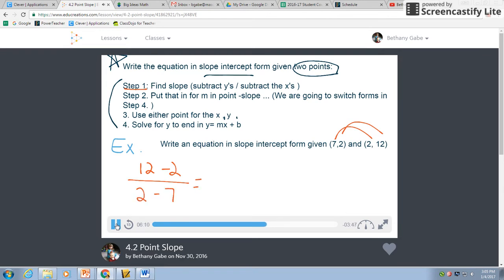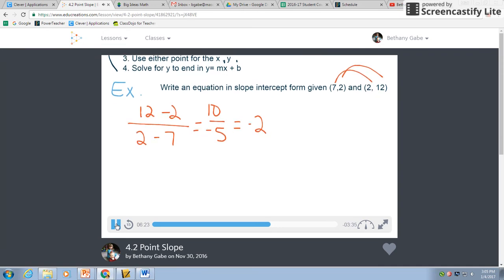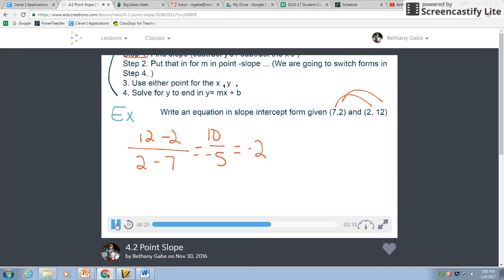So we have 12 minus 2 is 10, and 2 minus 7 is negative 5, so my slope is going to be negative 2. So there is step 1. Step 2 is to actually put this into point slope form.